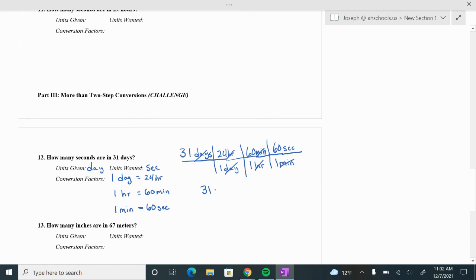So I can take the things on top, 31 times 24 times 60 times 60 seconds. We're going to take 1 times 1 times 1 on the bottom.